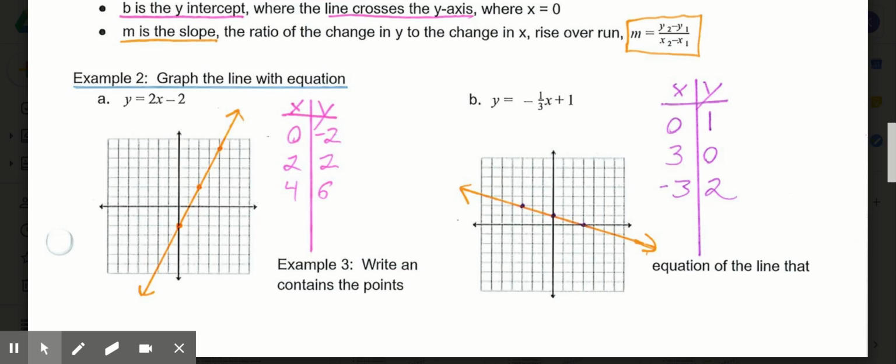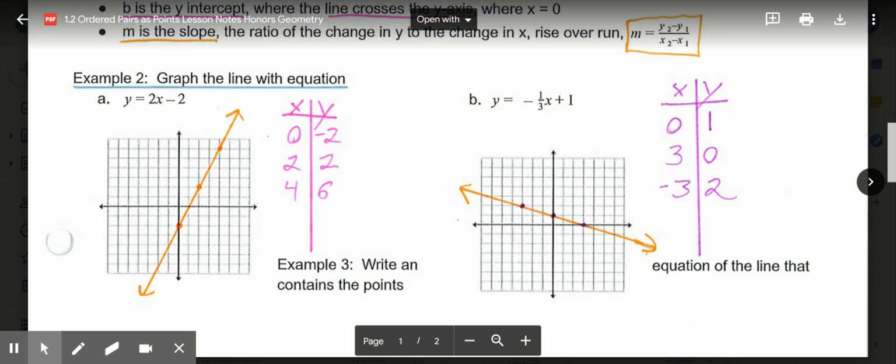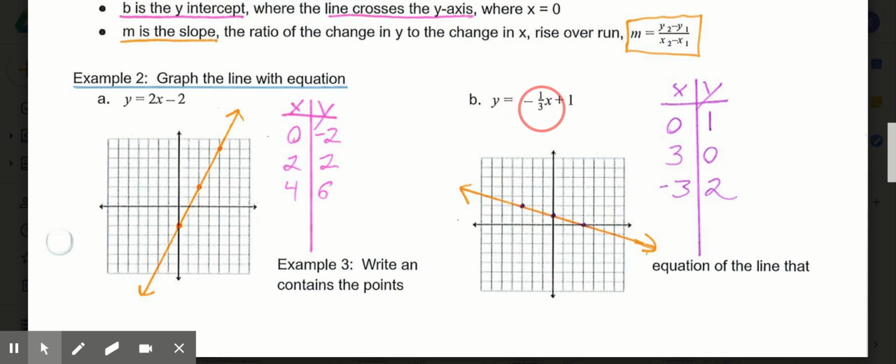If I plug in my positive 3 for x, negative 1/3 times a positive 3 is a negative 1, plus 1, sorry, negative 1 plus 1 gives me the output of 0. Then apply that with the negative 3 in for x.